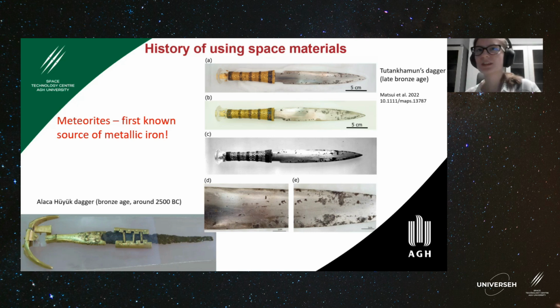The examples of such objects include the dagger of Pharaoh Tutankhamun from the late Bronze Age, which was likely gifted to Tutankhamun's grandfather, and it was quite thoroughly studied, so it is confirmed that indeed its material is meteoritic iron.